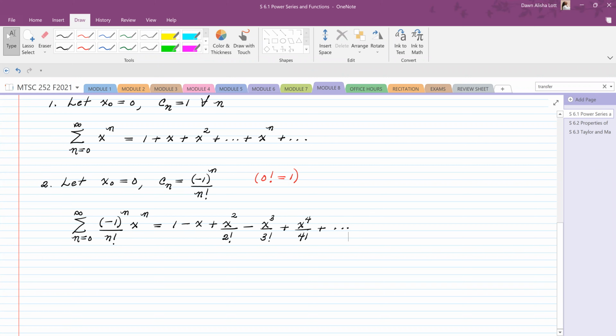Now let's try something a little meatier. Number 3.